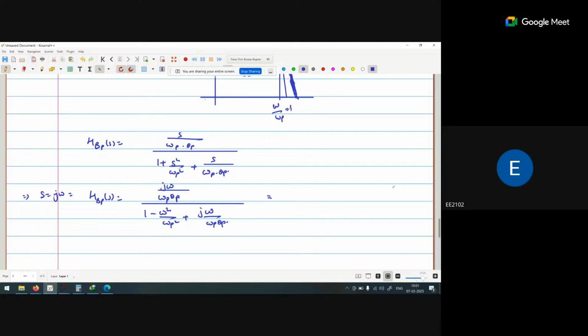The magnitude of the numerator is ω / (ωp Qp), upon the root of (1 minus ω² / ωp²) the whole square plus (ω / (ωp Qp)) whole square. That is the magnitude of H_BP(jω).